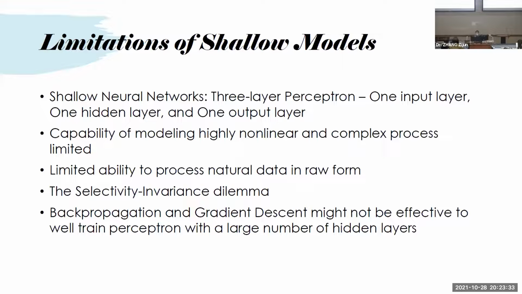And sometimes shallow models may refer to shallow neural networks, where the most complicated structure is a 3-layer perceptron: one input layer, one hidden layer, and one output layer. And sometimes an intuitive extension of the 3-layer perceptron to a multi-layer perceptron, with one input layer, 3 hidden layers, and one output layer. People don't believe that's deep enough. Okay, it's just a simple extension of the multi-layer perceptron concept.